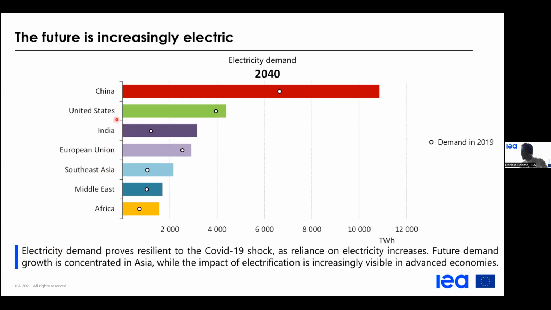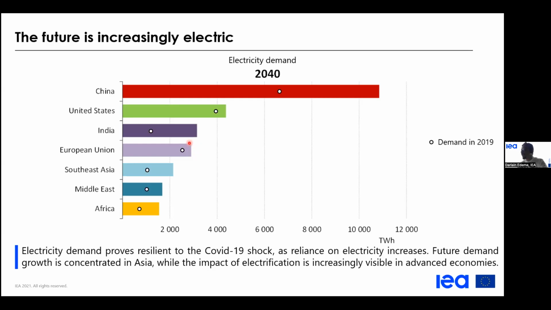Till 2020 and also ahead in the next decade, the European Union as a whole was at the third place when looking at electricity demand. But close to 2040, India replaces the European Union in the third place of the podium.